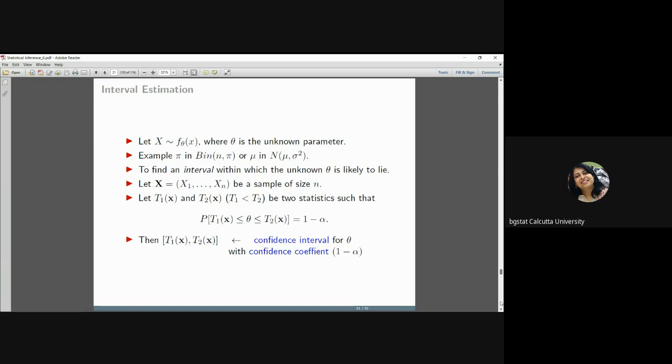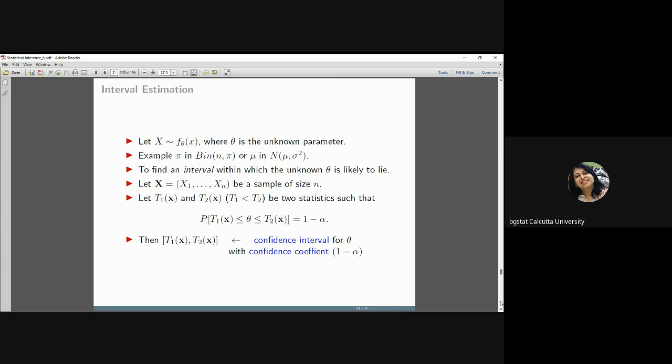So my estimate for the unknown probability of getting a heads is half. The point here is that my estimator is one single value. The idea of interval estimation is that I don't report one single value as my estimate. Instead, I report a range of values.